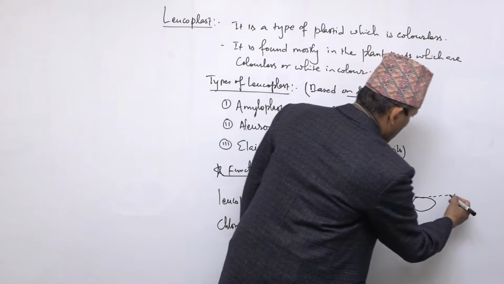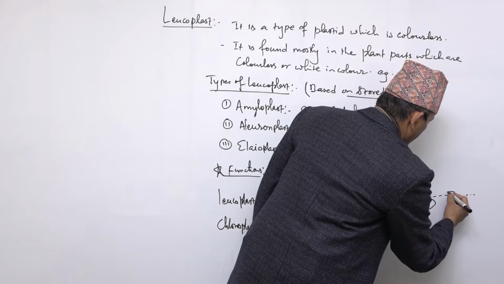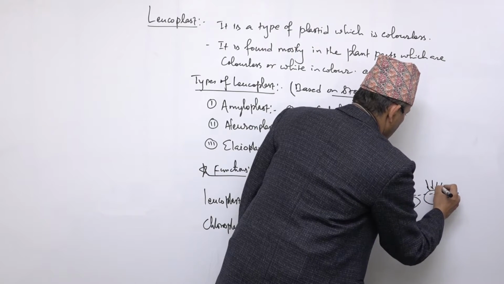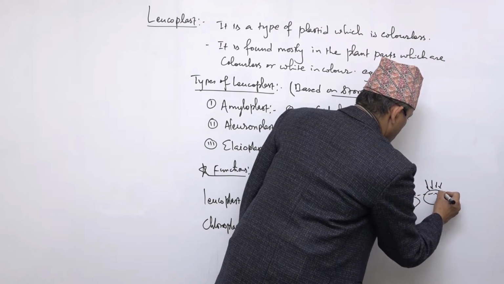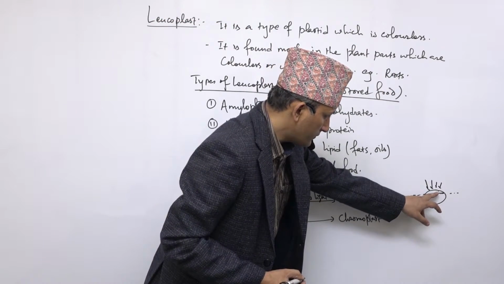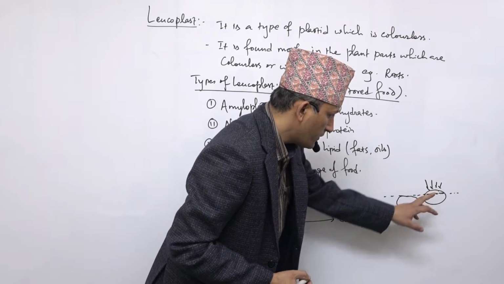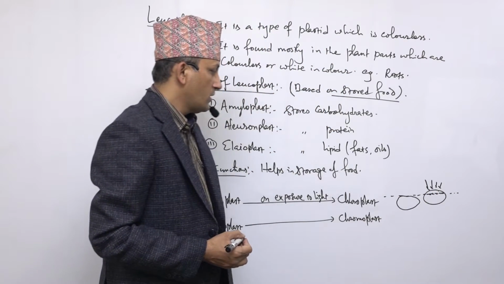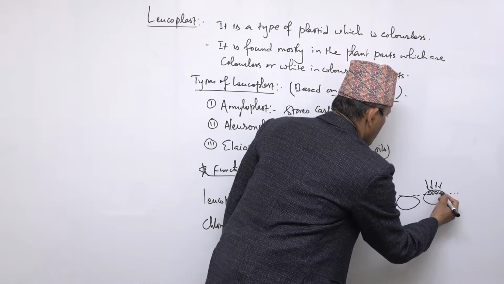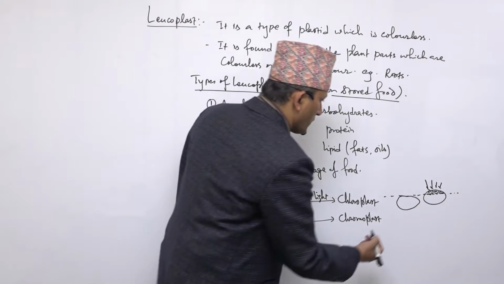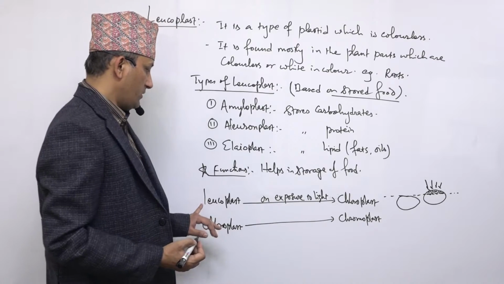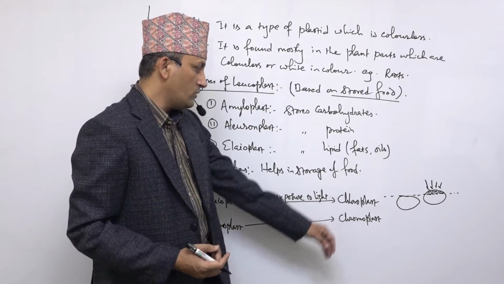But while growing in the soil, if this potato comes above the surface of the soil and is exposed to the sunlight, then this portion of the potato, which contains leucoplast at the beginning, now becomes chloroplast, becomes greenish in color. This portion may become green. This is because of the conversion of leucoplast into chloroplast. So this is the example of conversion of leucoplast into chloroplast.